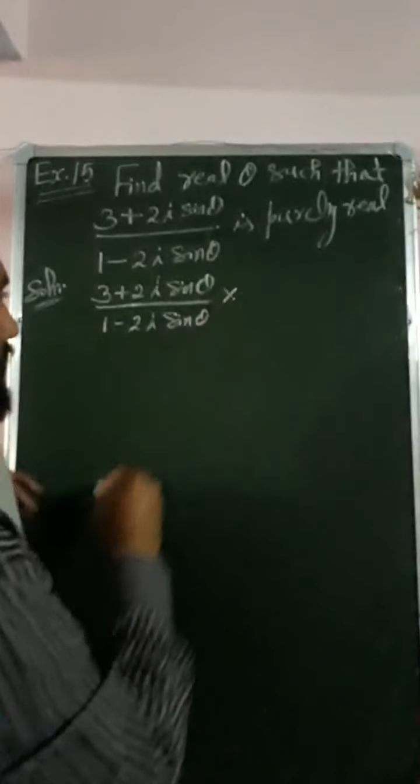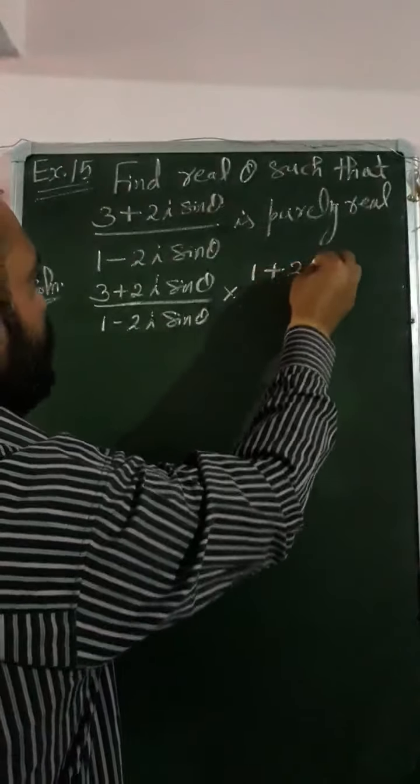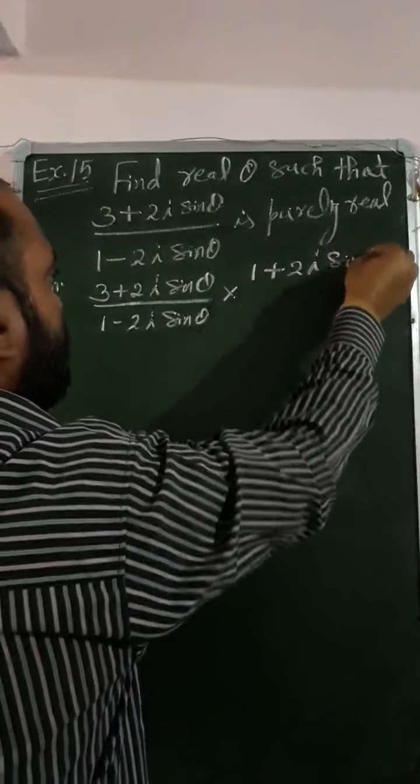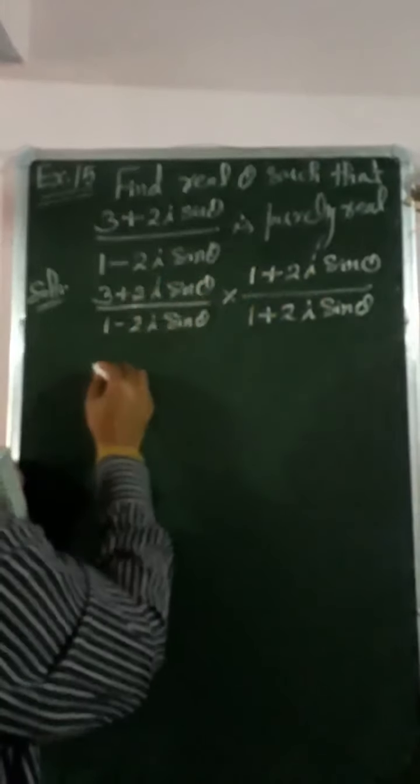Firstly, we rationalize it. Means we have to multiply and divide it by (1 + 2i sin theta) / (1 + 2i sin theta). Firstly, we simplify this by rationalizing. Now, multiplying these numerators and denominators separately.